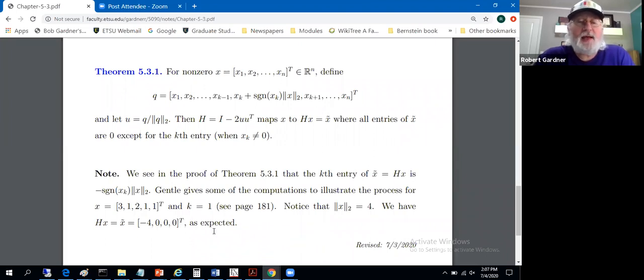As you would expect, with k equals 1, the first component should be, if this is correct, negative sign of x sub 1. x sub 1 is 3, so it should be just negative 1 times the norm of the vector. The norm of the vector is 4, so we should get negative 4 in that first component. Sorry, typo on the number of components, but we should get exactly this.